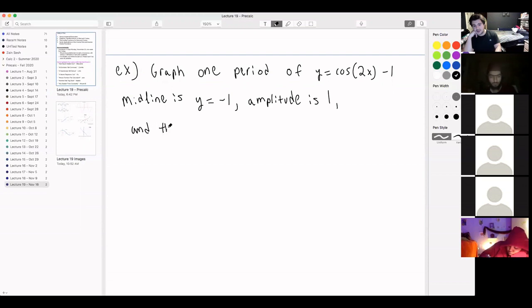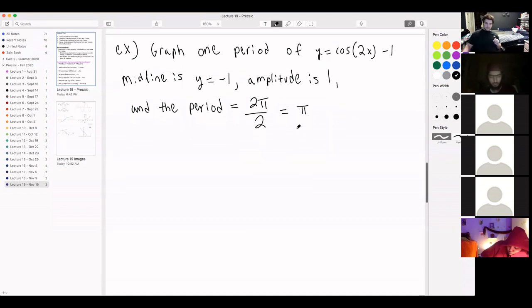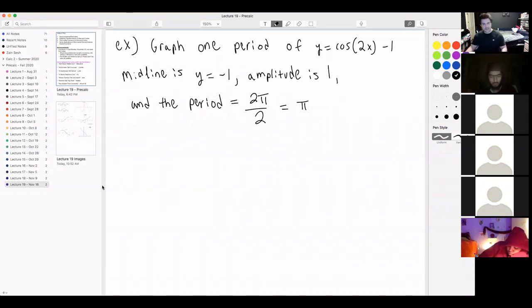And the period, so remember, to find the period, you do 2 pi divided by the horizontal stretch. So you do 2 pi divided by 2, which is just pi. Okay, good. So that's all of our data points, and now let's go to the graph.